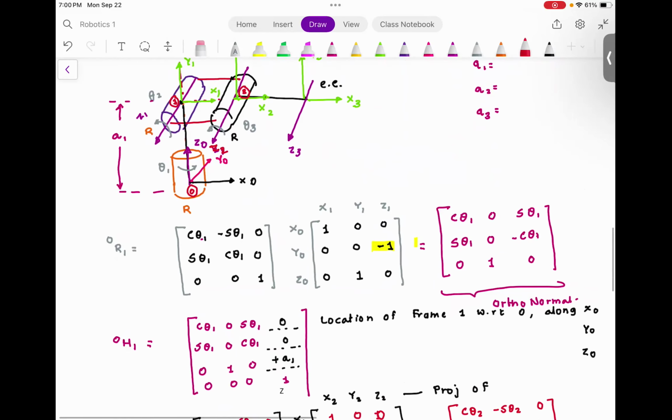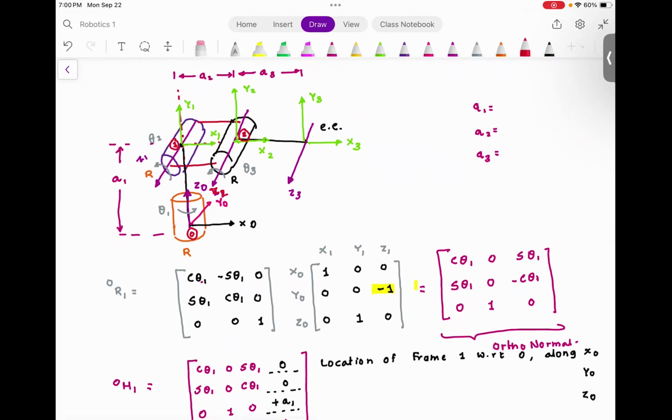Can someone tell me what would that be? What would be the distance from frame 3 to frame 2? So frame 3 to frame 2. What would that distance be?